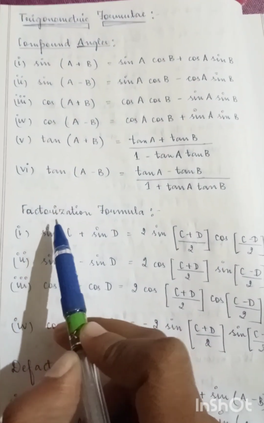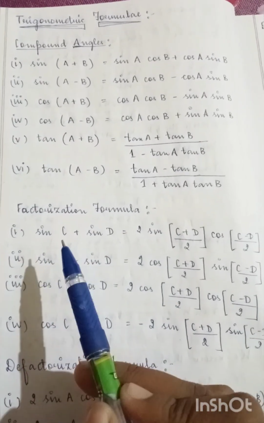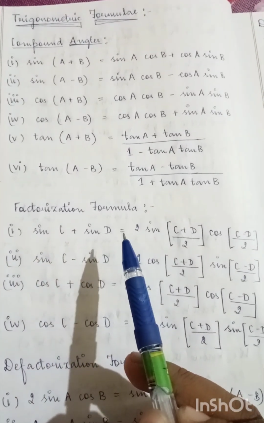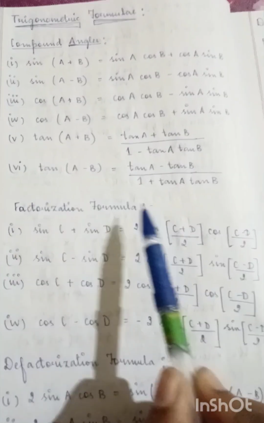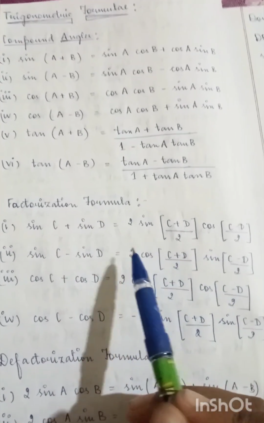Next, let us move to the factorization formula. There are totally 4 formulas in it. Sine of c plus sine of d. Since it is related to factorization, it always leads to simplification of the formulas.